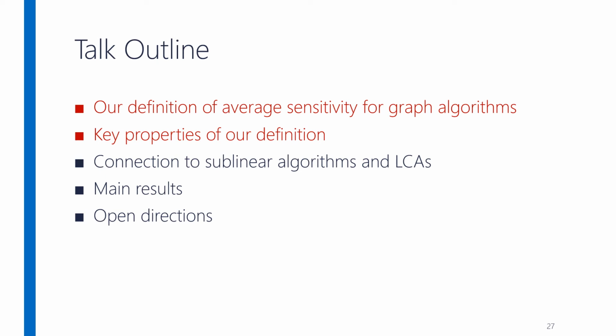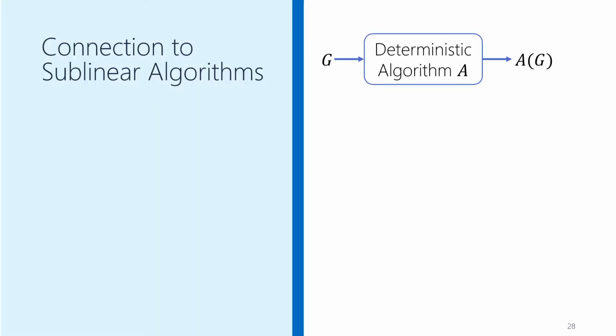Next, I will describe the relationship of the study of average sensitivity to sublinear algorithms and local algorithms. Consider a deterministic algorithm A for some problem, and let's assume that this problem for a graph G is to output maybe some subset of vertices satisfying some property, for example, vertex cover.